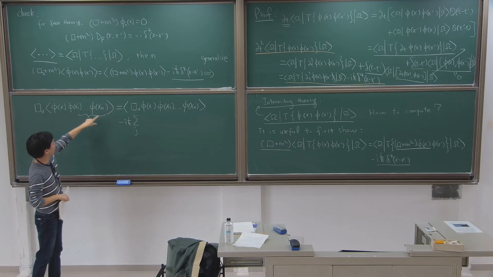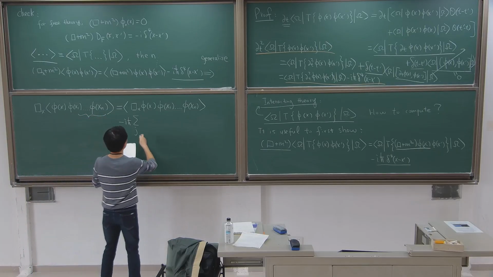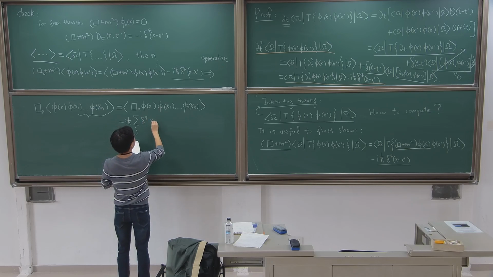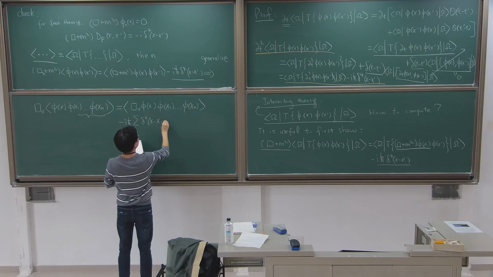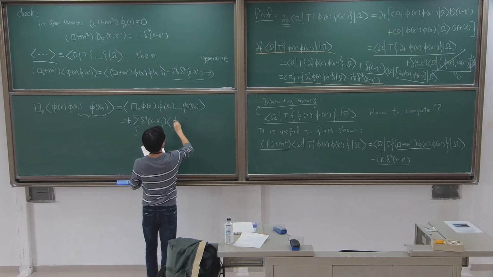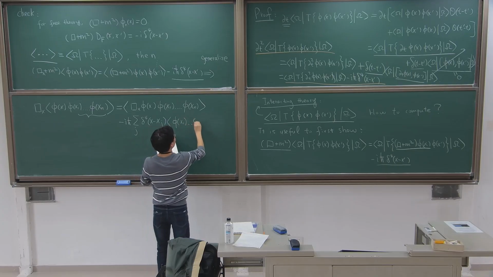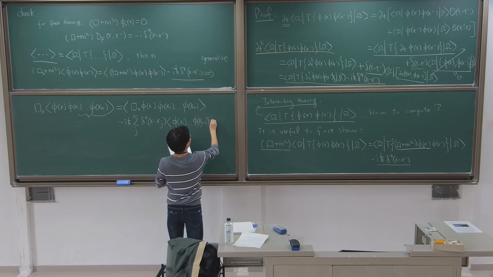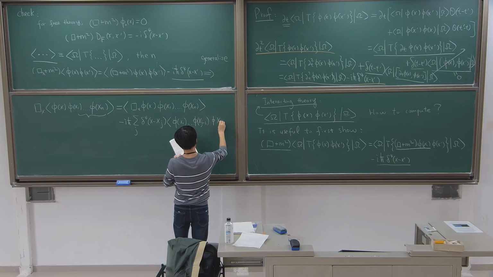But now you could have many. So what could be the most general term here? I can write it in this way: phi of x1 up to phi of x j minus 1, phi of x j plus 1.